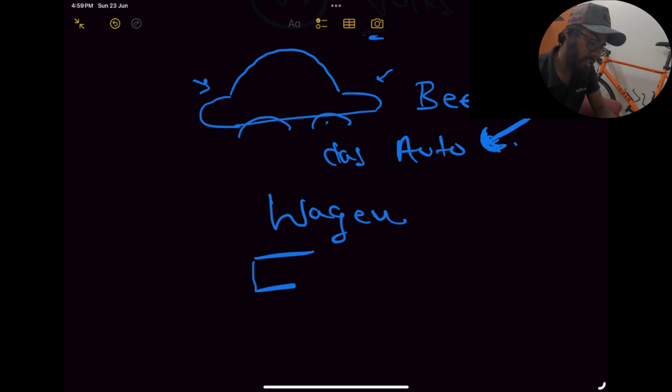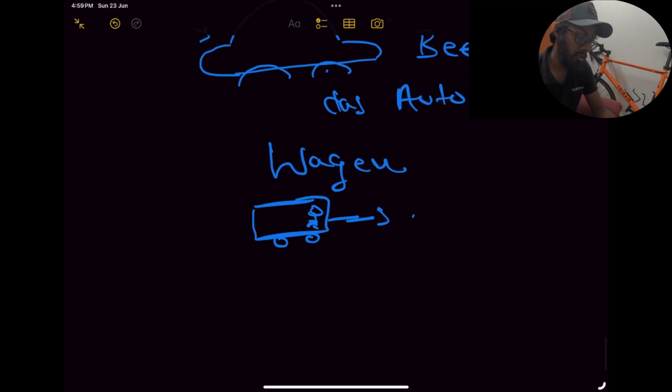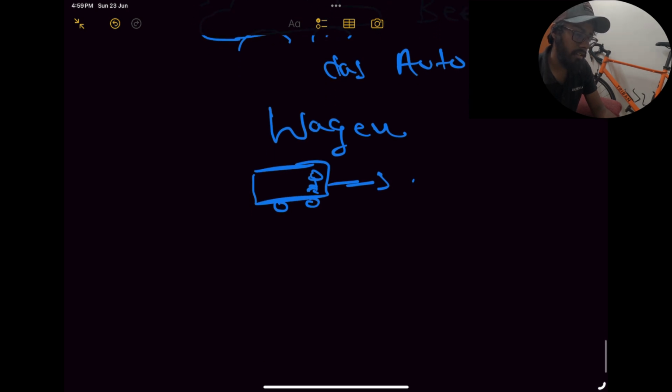So wagon is anything which has this, and a person can operate it, which will take it ahead. So this is your wagon, anything which has these 4 wheels. I'm not sure if wagon is only those vehicles which have 4 wheels. They can have 3 as well, I guess, but I'm not sure. So these are wagons.